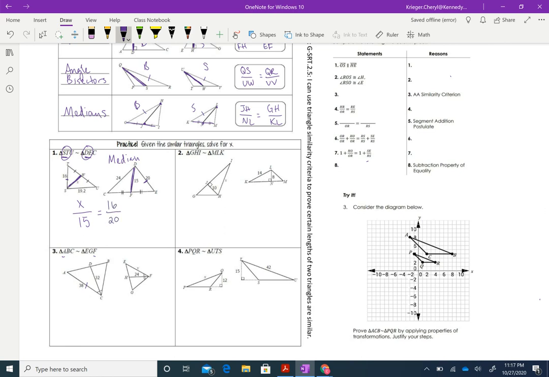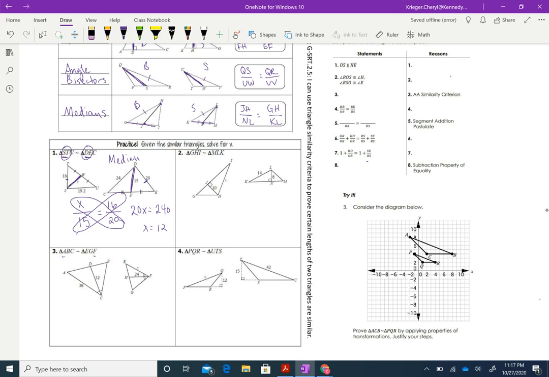That worked out nicely. And to solve for x, you should be getting used to this now, we cross multiply. That's 20x equals 16 times 15, which is 240. Then when we divide by 20, we get x equals 12. So we found our median SW is 12.